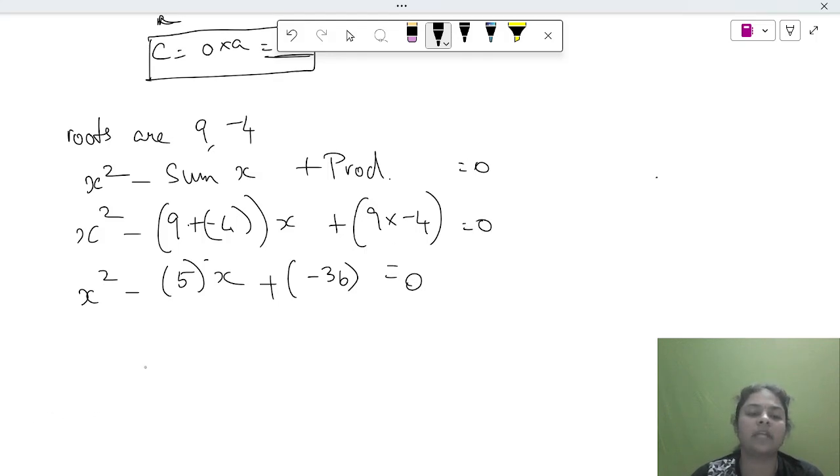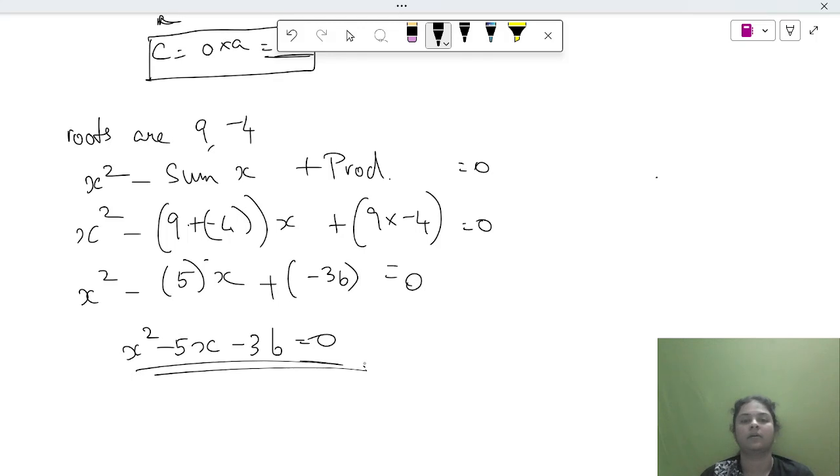Therefore the equation is x square minus 5x minus 36 equals 0. Is this clear? Yes, ma'am. Yes.